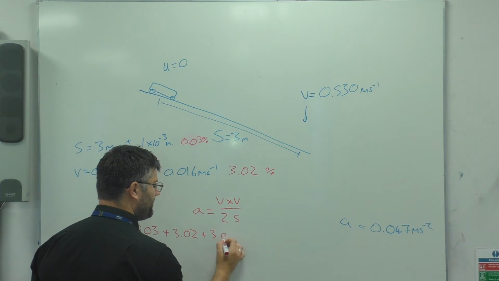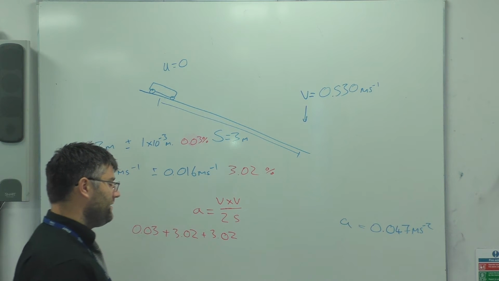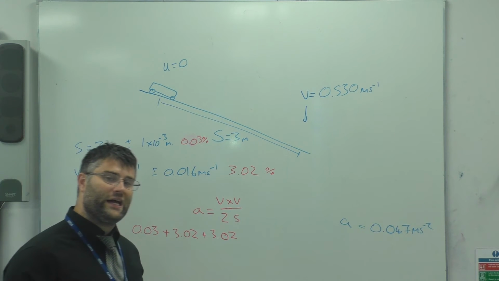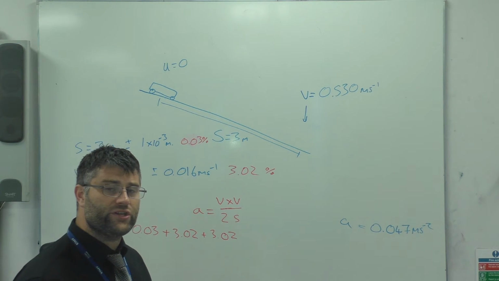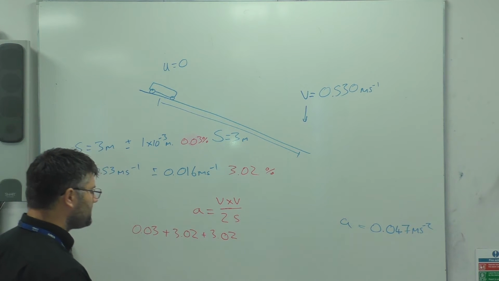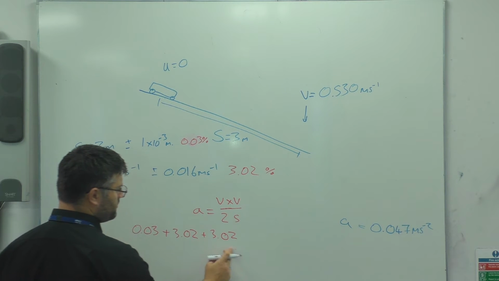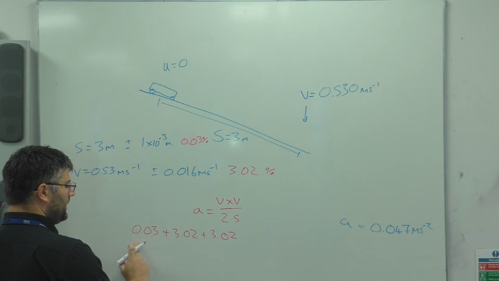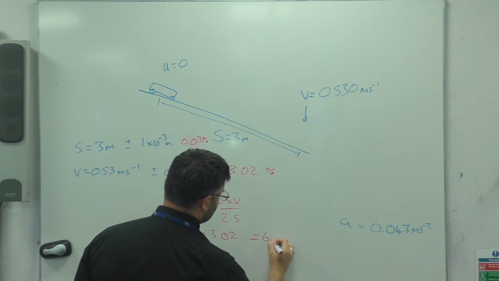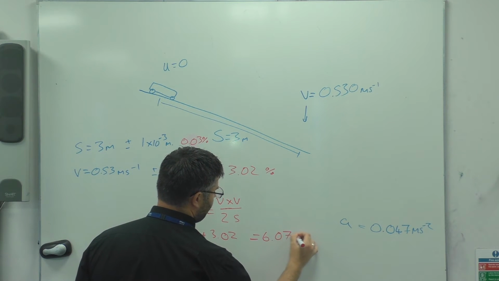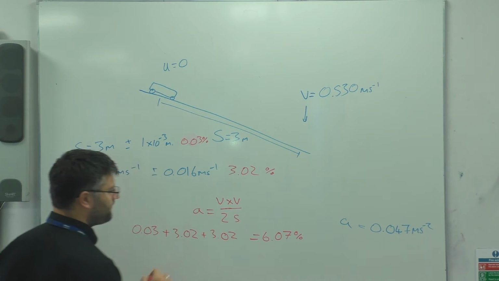So we should have 3.02 again. So for every time a term is in an equation, you will add the percentage uncertainty together. So in this case, we've got 6.02, 6.04, 6.07. So the total percentage uncertainty is 6.07%.